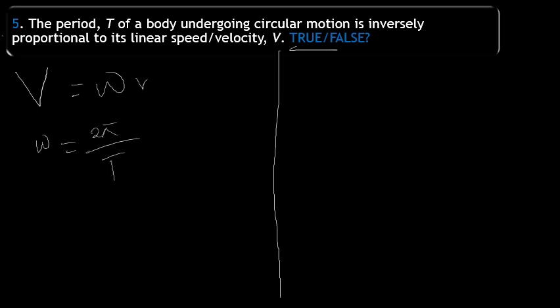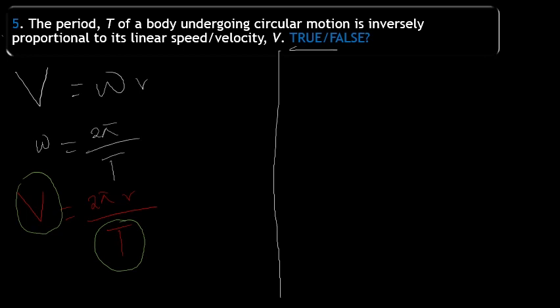Please, if you skipped any of the sessions, please go back and watch them. So omega is equal to 2 pi over T. If I plug this in here, I'm going to get that V is equal to 2 pi r over the period. So I can now see from here that period and V are inversely proportional.